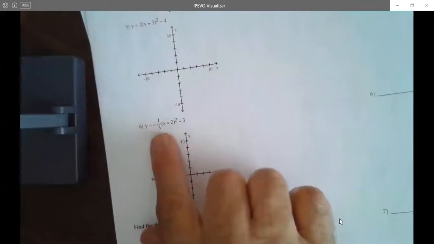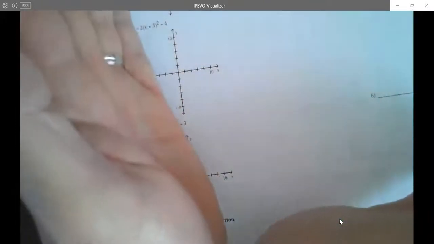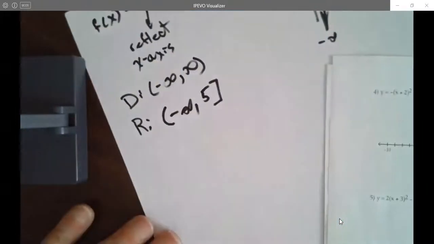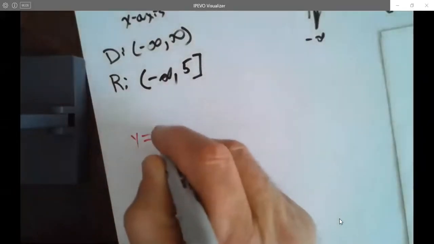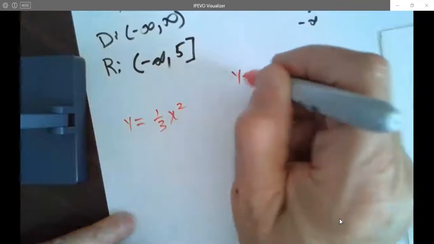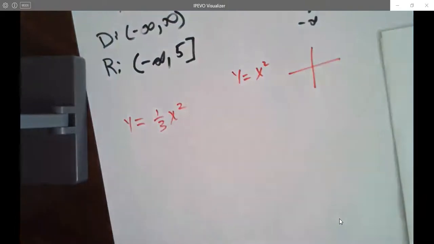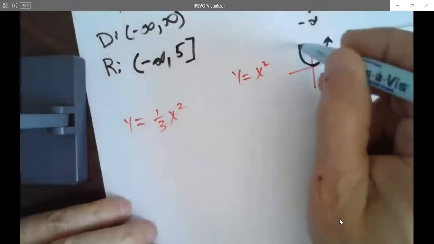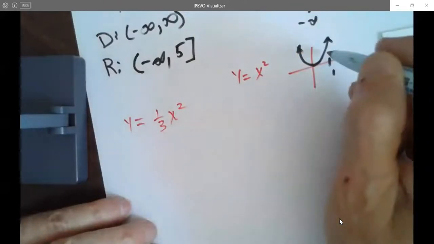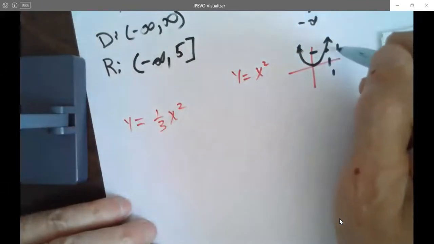All the fraction means is that it's vertically compressing. So in other words, it's opening it up. If you just looked at y equals 1/3 x squared, well, here's the parent graph y equals x squared. When x is 1, 1 squared is 1, so it's 1 in, 1 out.